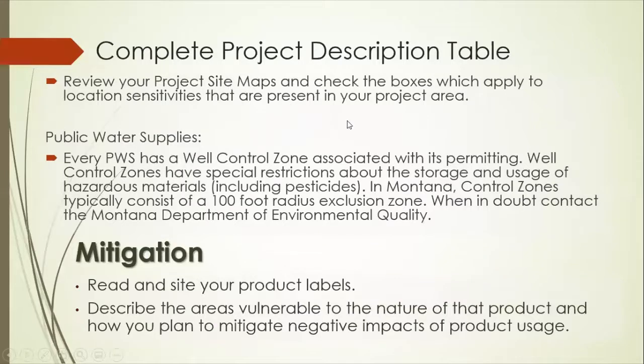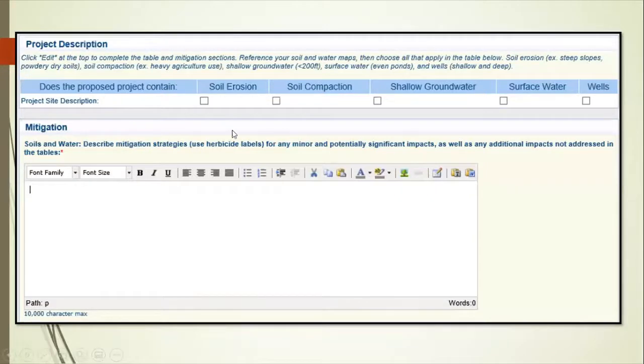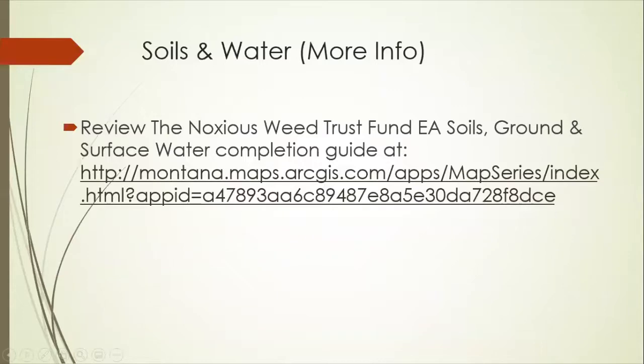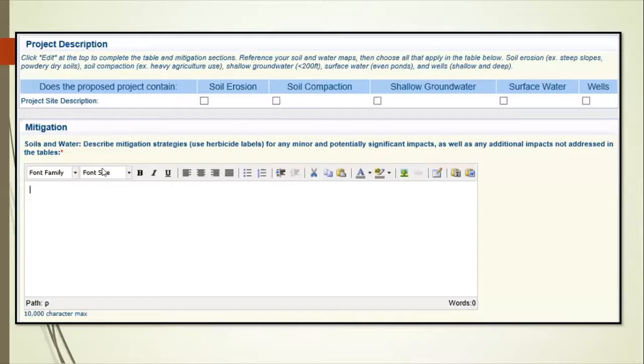You're going to review your project site maps, public water supplies, mitigation. You're going to do that portion for each and every single one of those. And once you've got that done, you're going to have to address whether this product contains a soil erosion, compaction, shallow groundwater, or surface water wells concern.